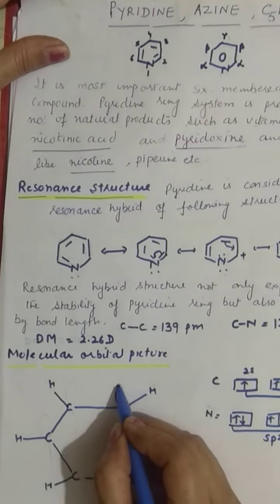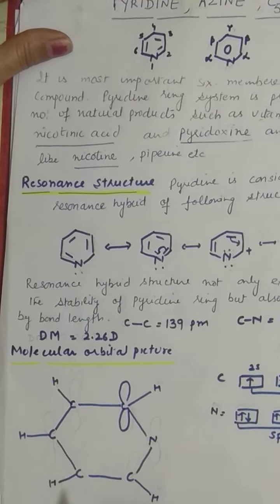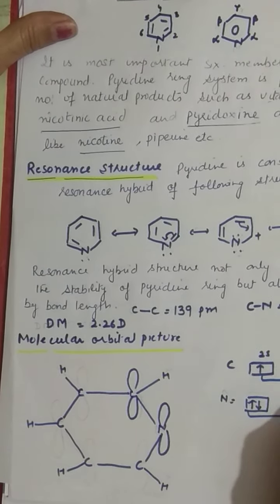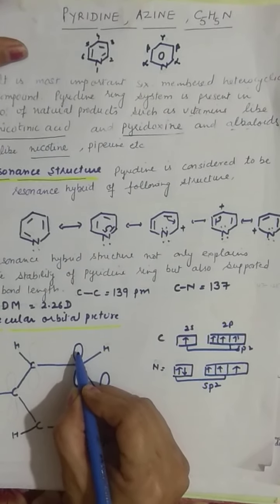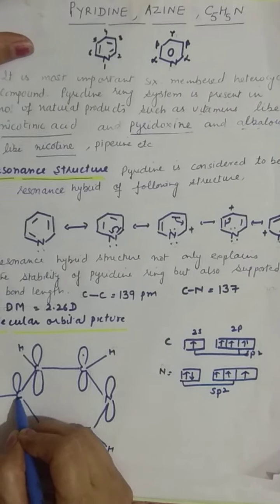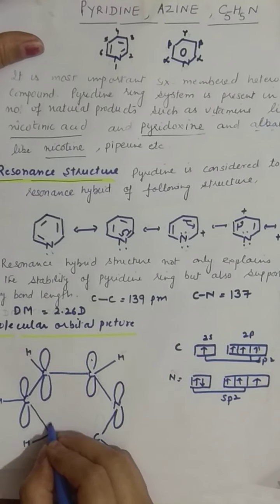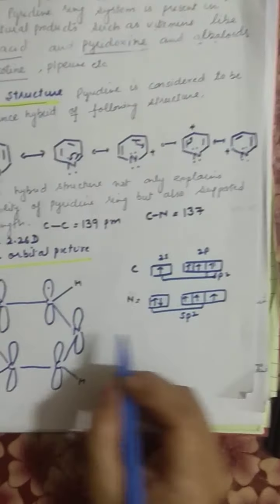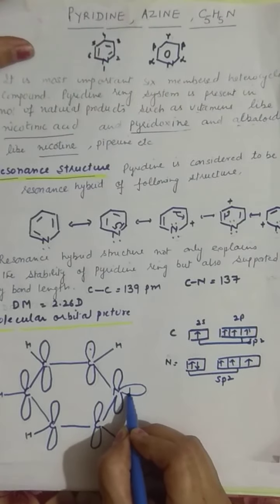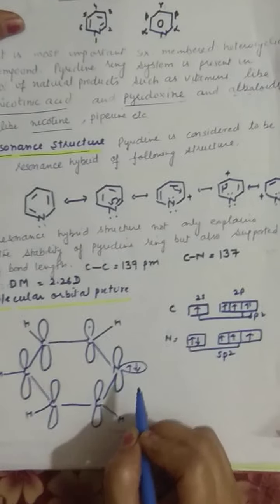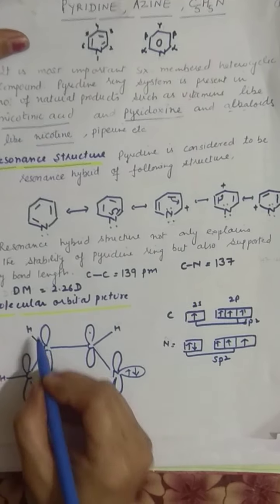And each carbon and nitrogen has one unhybridized orbital which contains a single electron. The hybridized orbital of nitrogen contains one lone pair of electrons, which is responsible for its basic character.